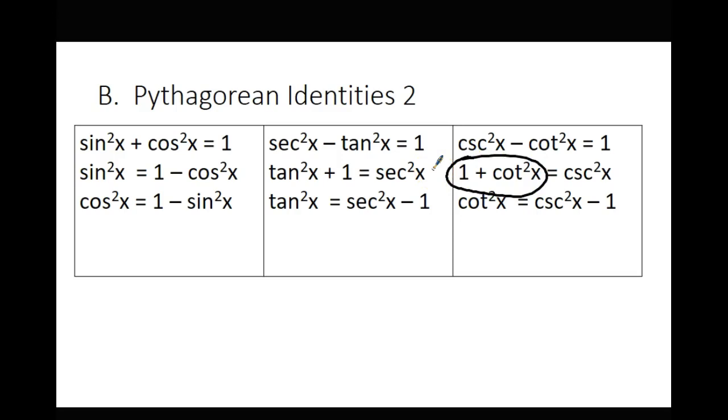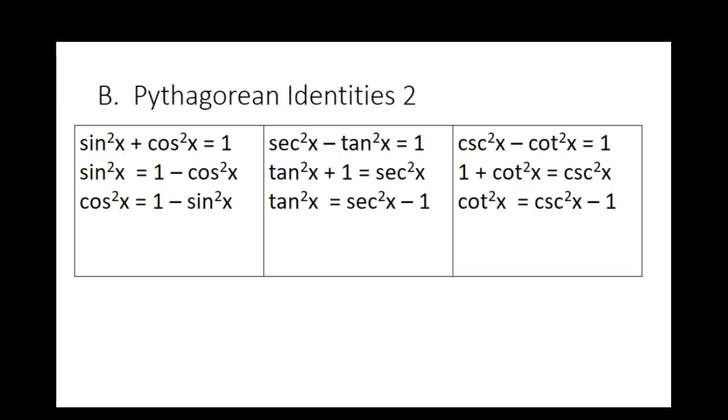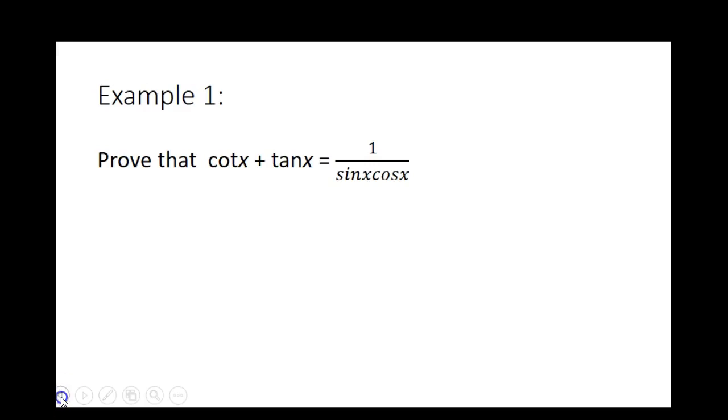Instead of changing this to sine and cosine, you could just replace it right away with this, right? So you can do that if you want to and be creative. I gave them to you in case you want to, but for the most part, we won't be doing that. So let me show you guys how these can be used.